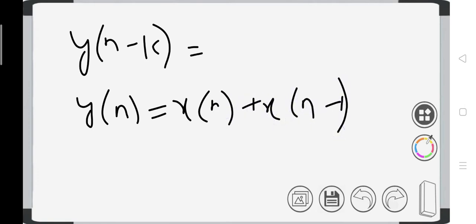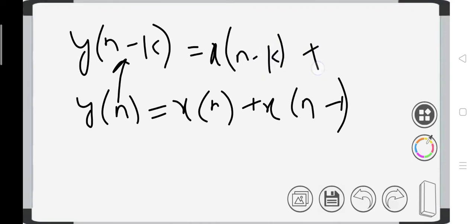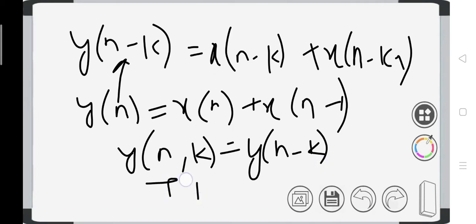So in the place of n we put n minus k. We write x of n minus k plus x of n minus k minus 1. So if we check both y of n comma k and y of n minus k, they are both equal. So the system is said to be a time invariant system.